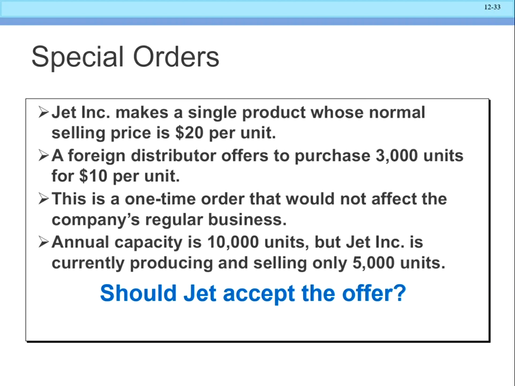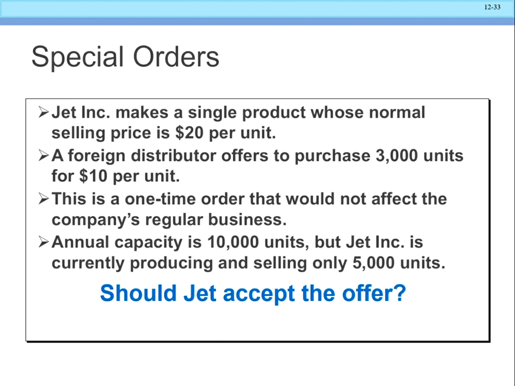If they can manufacture 3,000 units within their capacity without taking away products from their current customers, then this might be worthwhile, but let's see what is involved.